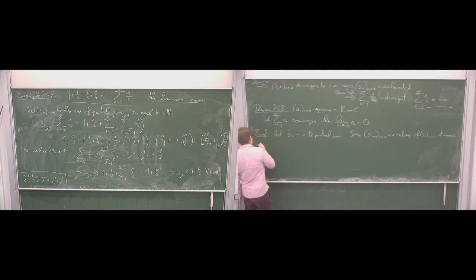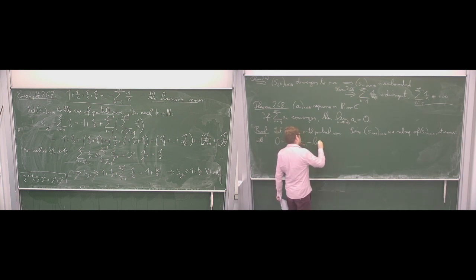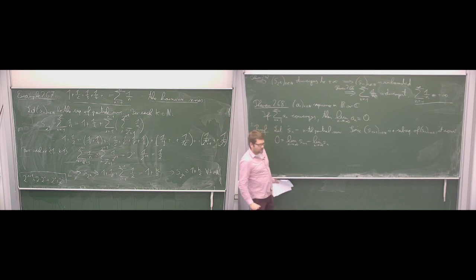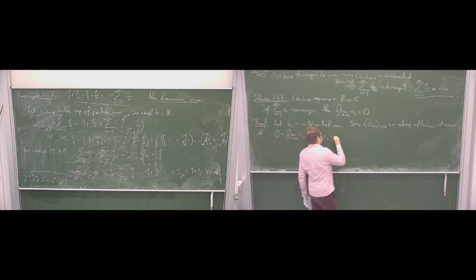So to write this in a more complicated way, 0 is the difference of the two limits, namely the limit as n to infinity of S_{n+1} minus the limit as n to infinity of Sn. By our rules for convergent sequences, since these are convergent, this is the same as the limit of S_{n+1} minus Sn.